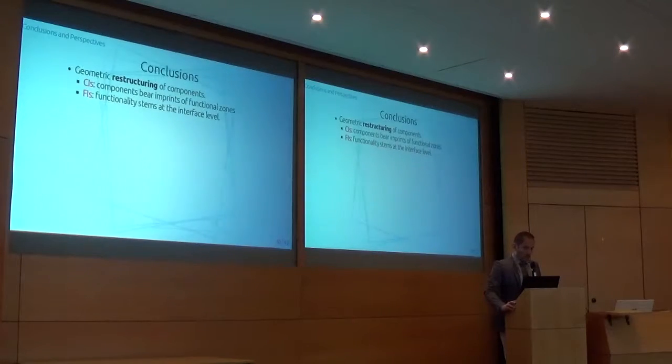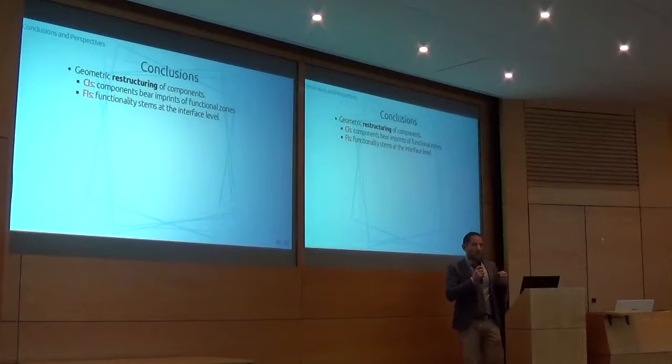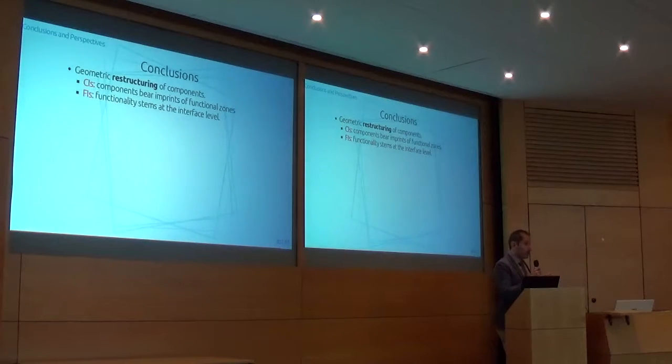Now, in conclusion, the geometric structure of the DMU has been geometrically restructured. Interactions between components are isolated. Components now bear imprints of those interactions thanks to their conventional interfaces. Those interactions have been functionally described and explained using one functional interface per conventional interface.